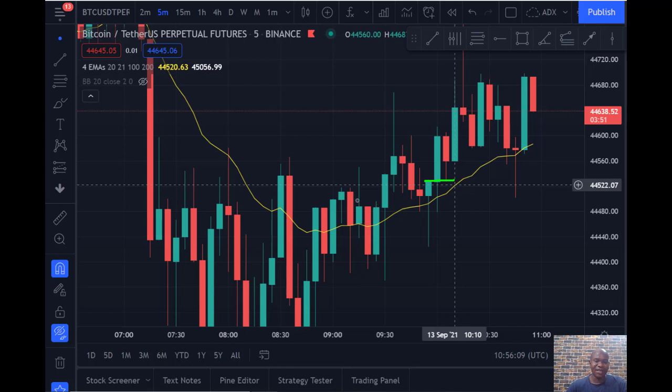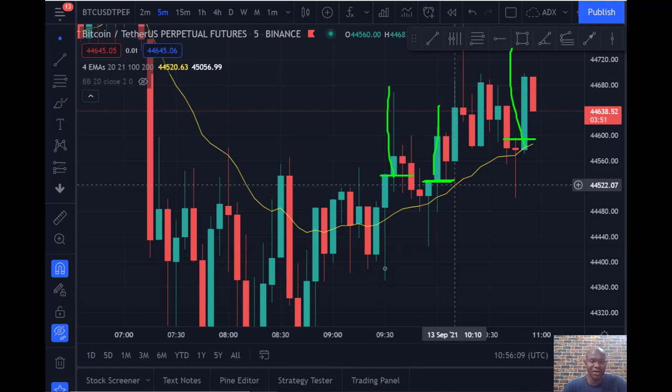You can see if you have taken a long position here, it is profitable. If you take a long position here, it's profitable. You can see how it is. Now the other thing you need to consider is your stop loss, which is very important. The stop loss is where we protect ourselves in case we are wrong. That is risk management.